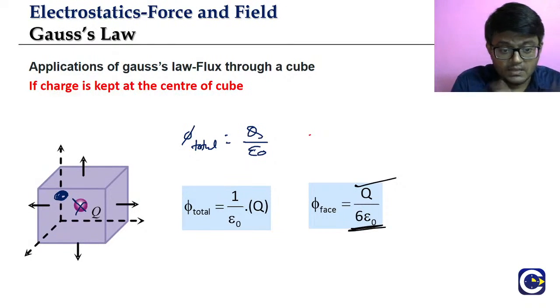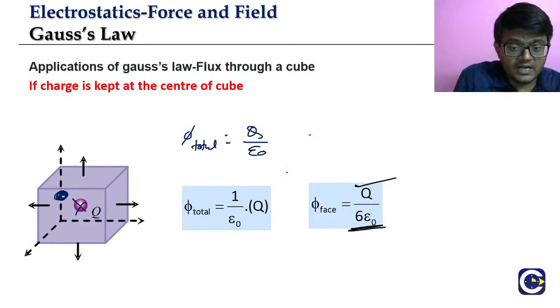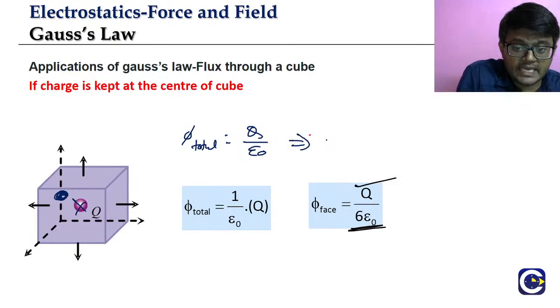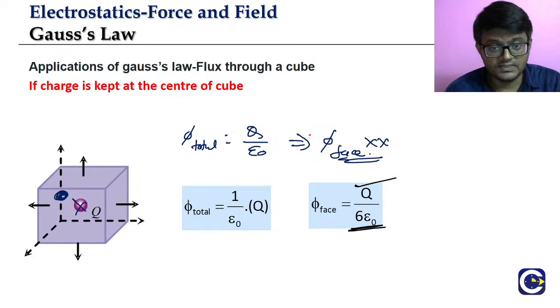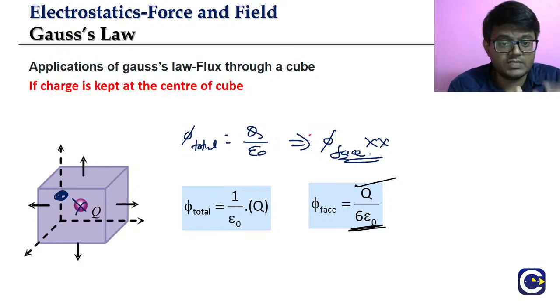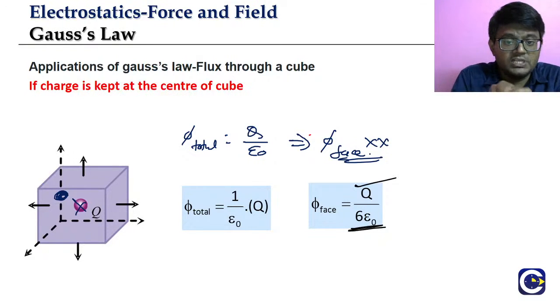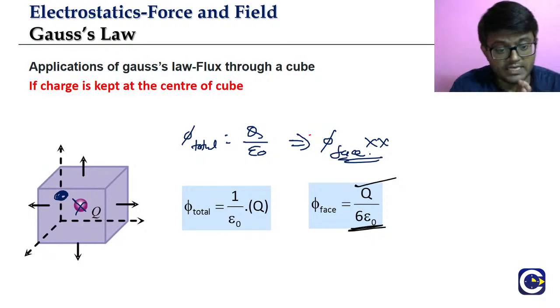ஓகேவா, but இப்போ என்ன தெரியுமா, we cannot directly calculate flux through each face. அது calculate பண்ண முடியாது, ஏன்னா இங்க அந்த மாதிரி symmetrical situation வராது. முன்னாடி ஏன் அப்படி symmetrical situation வருது, because அந்த position of the charge is symmetrical, central தான் இருக்கா, but இங்க அப்படி நம்ம சொல்ல முடியாது.